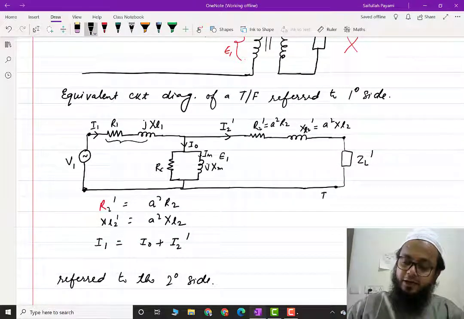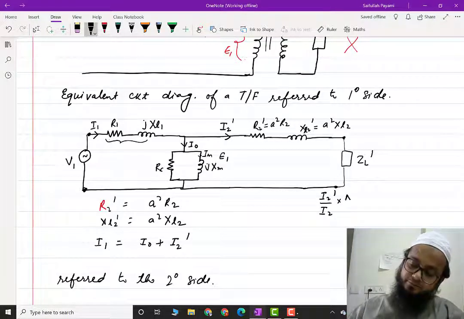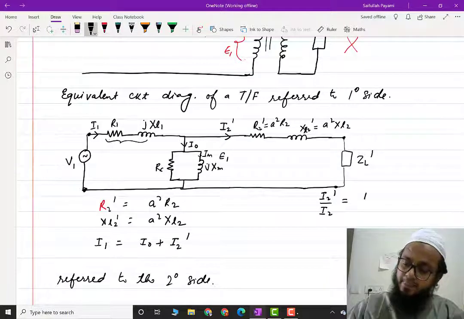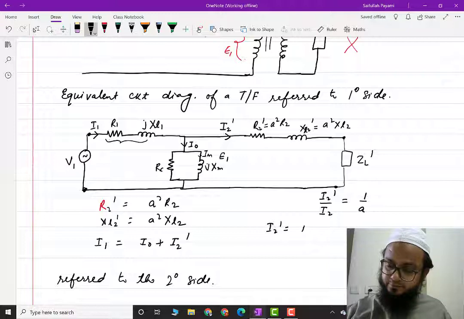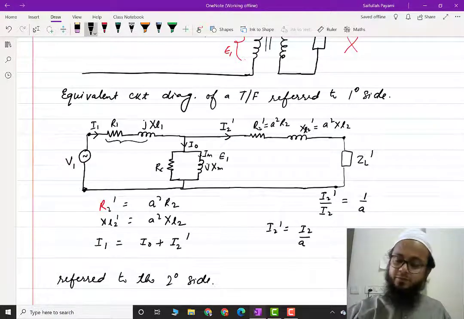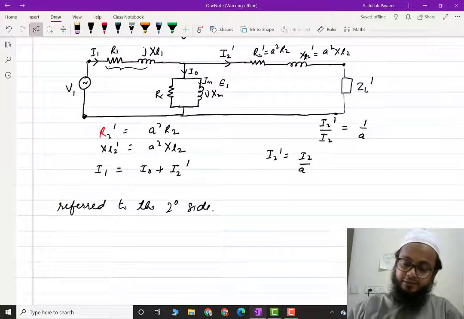We know that I2 dash by I2 would be equal to 1 by A, so this I2 dash can be written as I2 by A, right? So here it would be I2 by A. So we can draw the equivalent circuit diagram of the transformer referred to the secondary side as well.